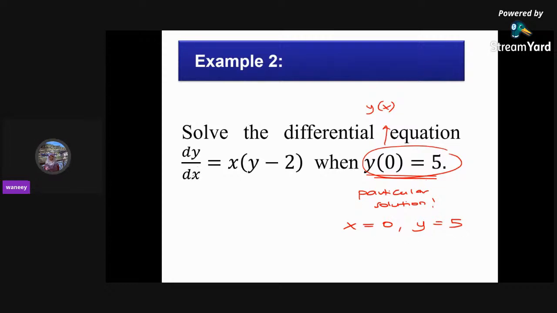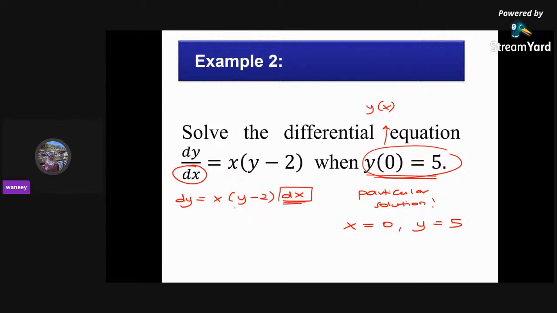Let's see here. dy over dx equal to x(y minus 2). Let's see our denominator. I have dx, so let us bring dx to the right hand side first. So dy is equal to x(y minus 2) dx. Since dx is on the right hand side, only x is allowed on the right hand side.